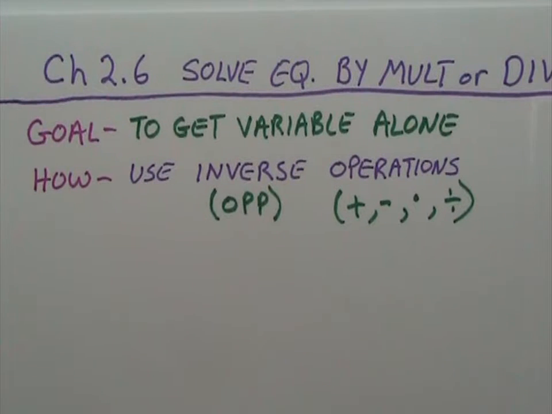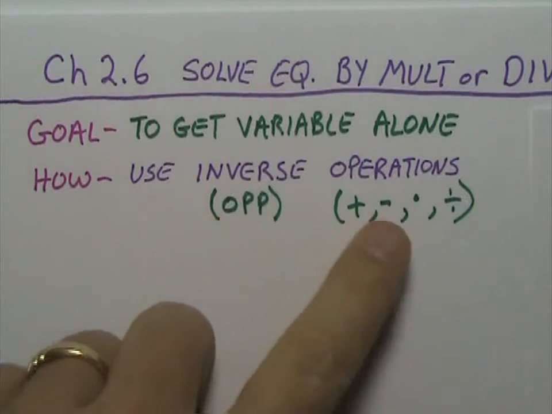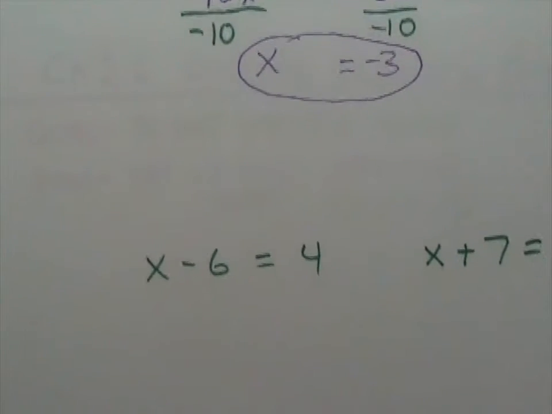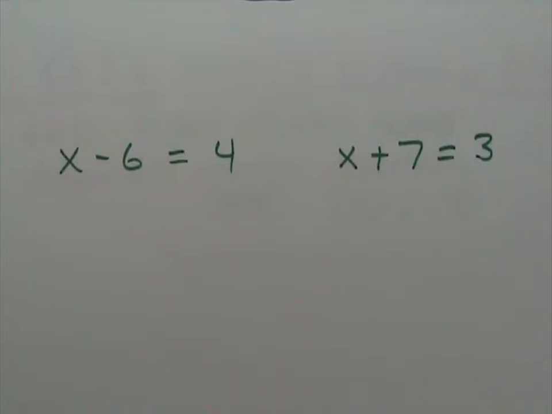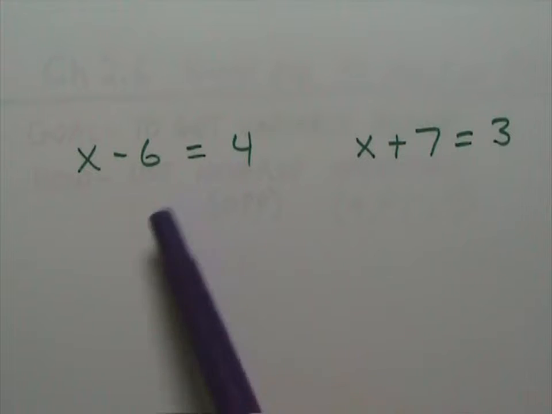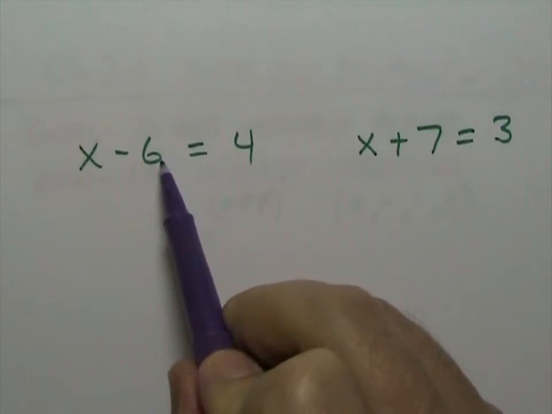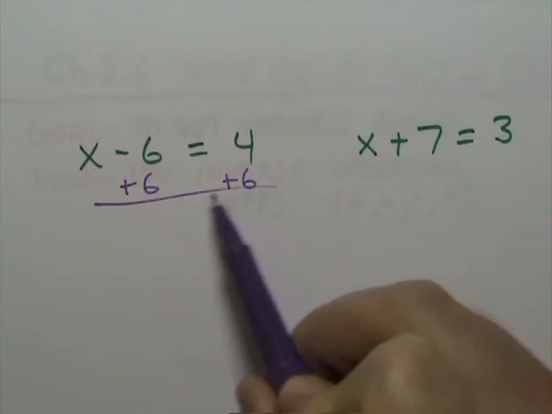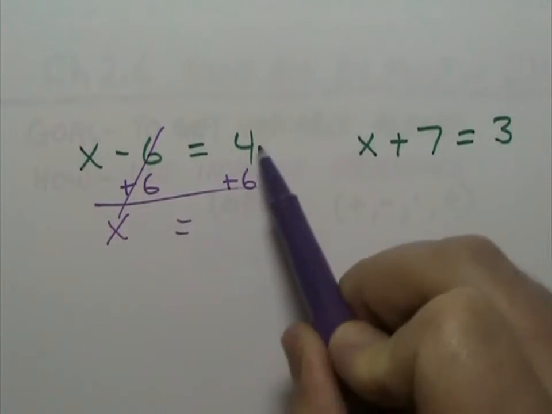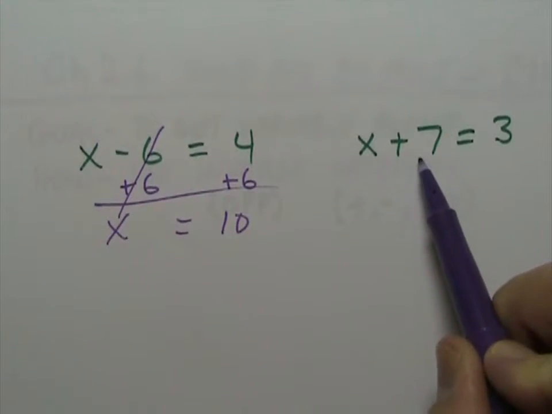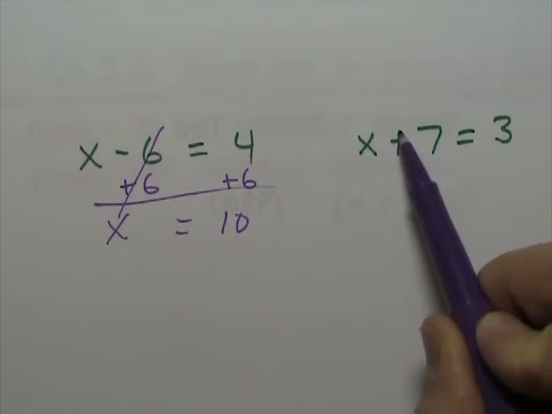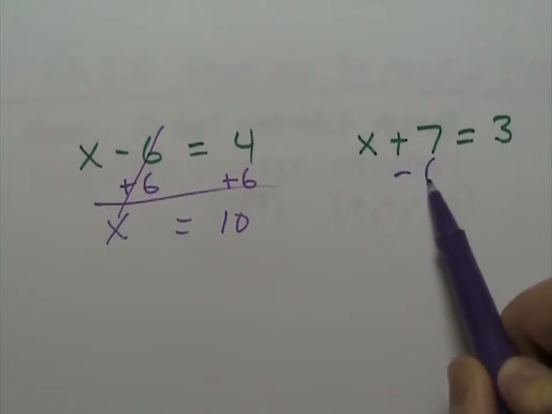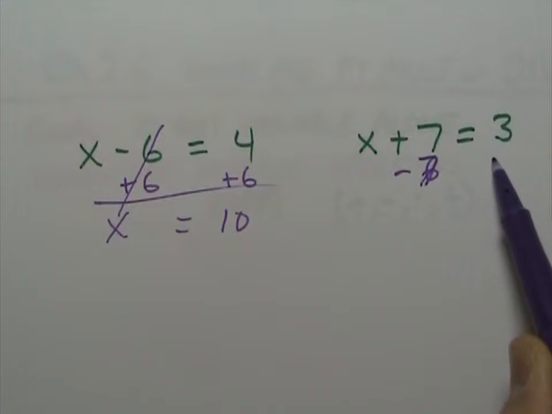Now the last time we did inverse operations, let me just show you this real quick. Don't write anything. But for example, if we have a -6, I would add 6 to both sides. See that? And that's gone. And then your answer is 10. And over here, inverse operations, the opposite of +7 is to subtract 7.